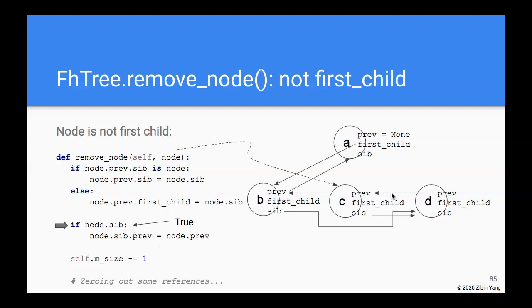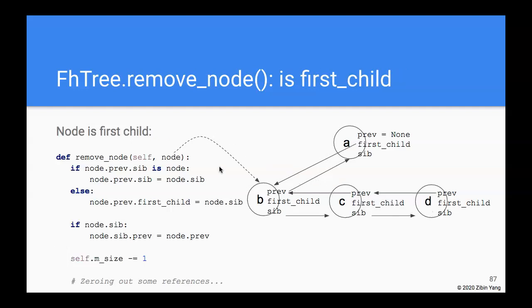So that previous pointer, the sibling's previous pointer, can then always point to whatever the current node's previous pointer is pointing to, whether it's a sibling or a parent.